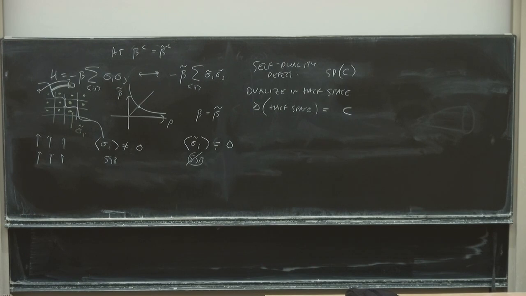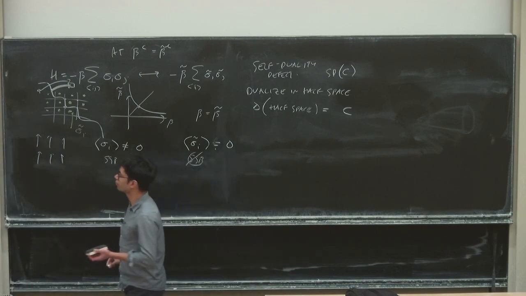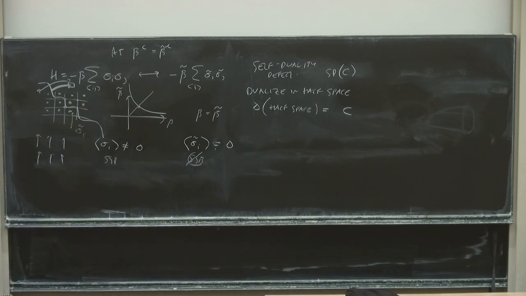B is the 2-form, A is the 1-form. So we're going to get some term like, for example, B_theta phi d_t A_x. That's one sort of term that we can get.